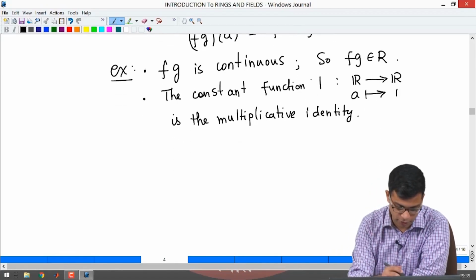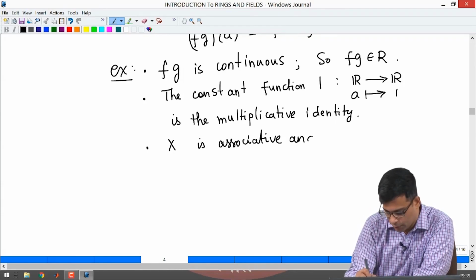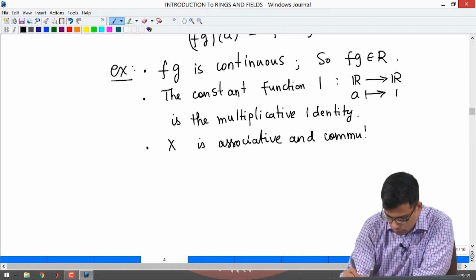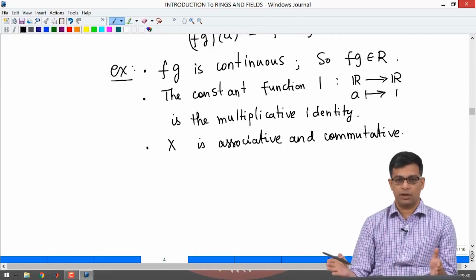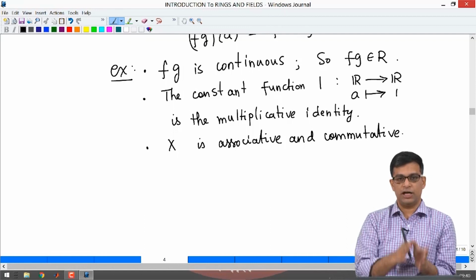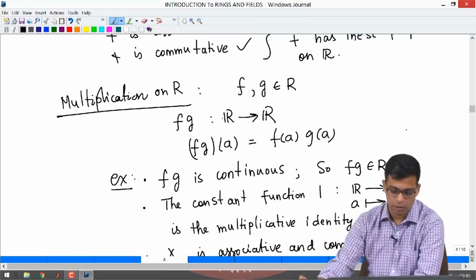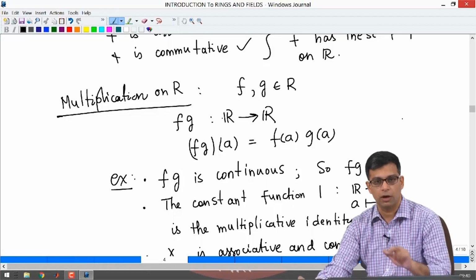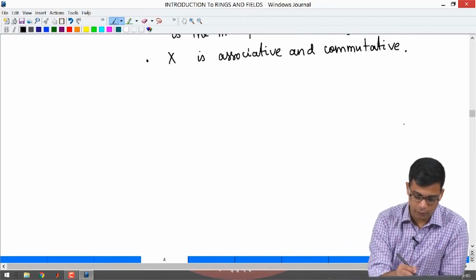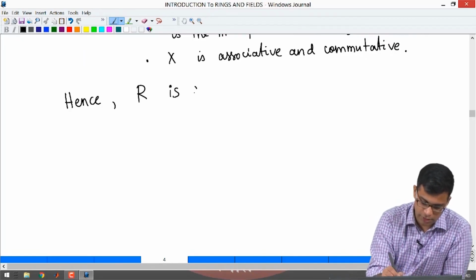So, it is the multiplicative identity, and we can check quickly that multiplication is associative and commutative. Again, just like addition, multiplication is associative and commutative on real numbers, and that carries over to the set of functions. So, the multiplication on R also has the required properties, hence R is a ring.